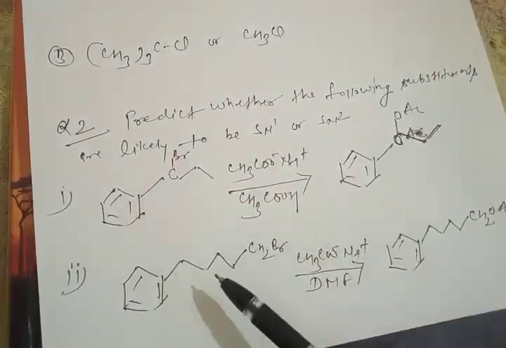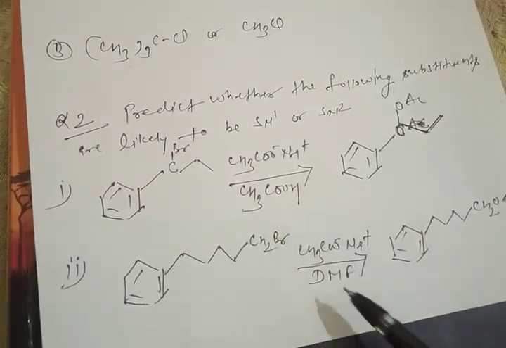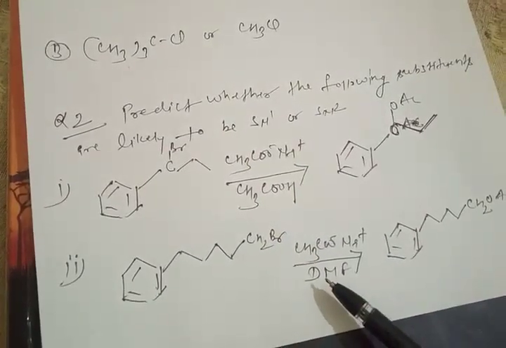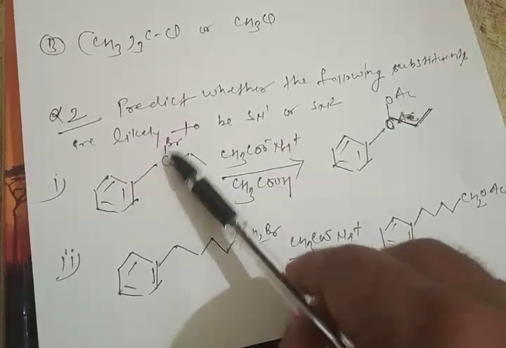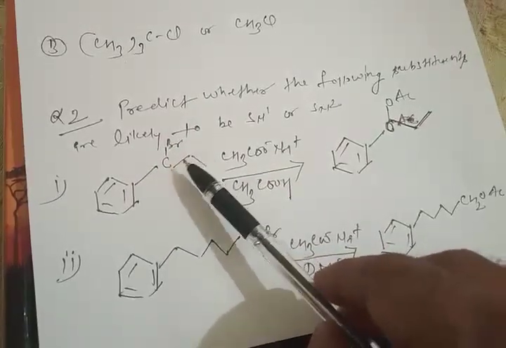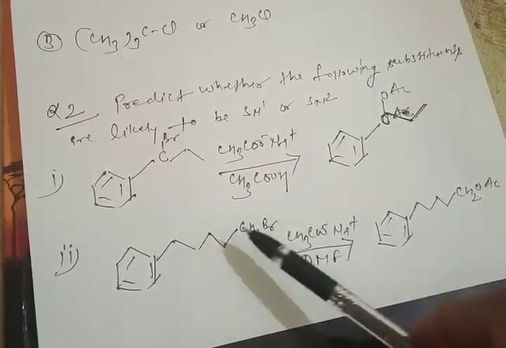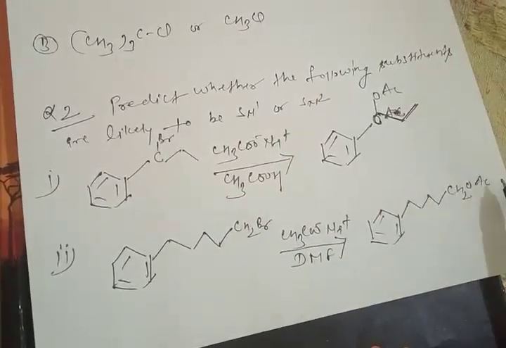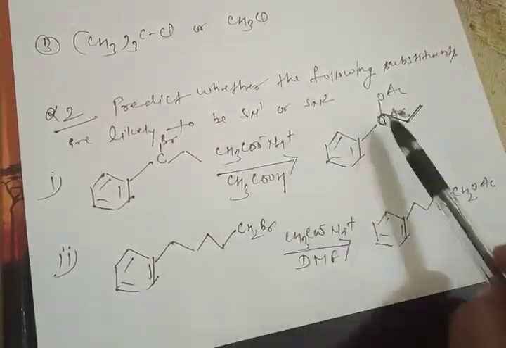You have two reactions given. The first reaction is in the presence of acetic acid, the second reaction in the presence of DMF. This is the reactant, with CBr and an alkyl substituent, and here CH2Br with chain substitution, and the products are CH2OAc and OAc, and the substituent remains the same.